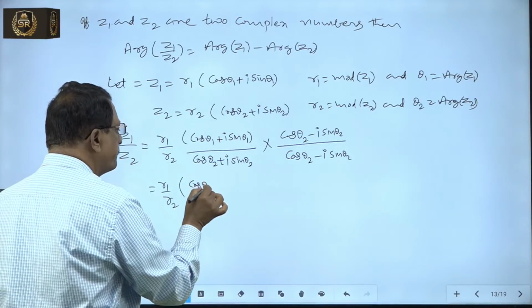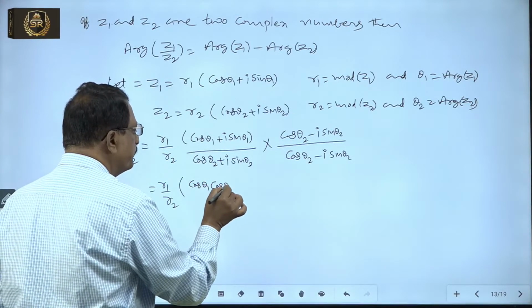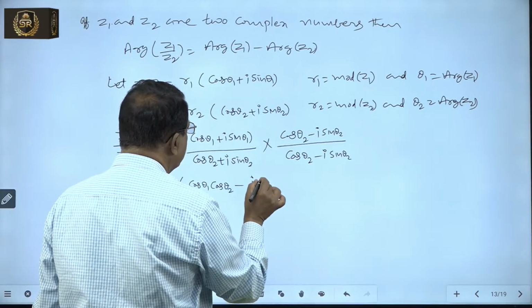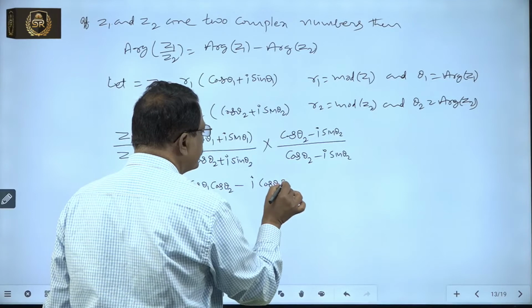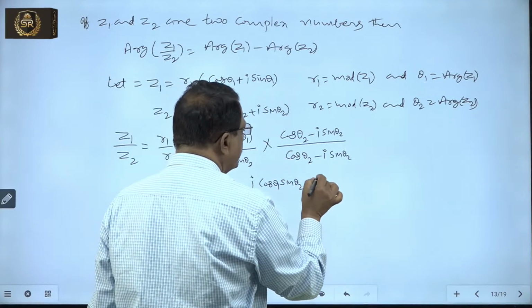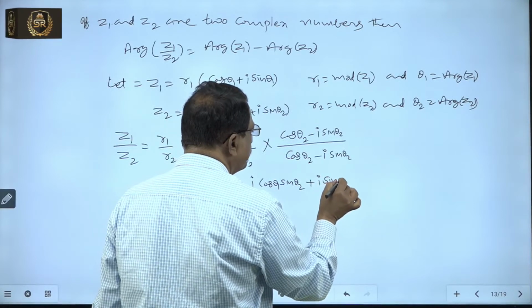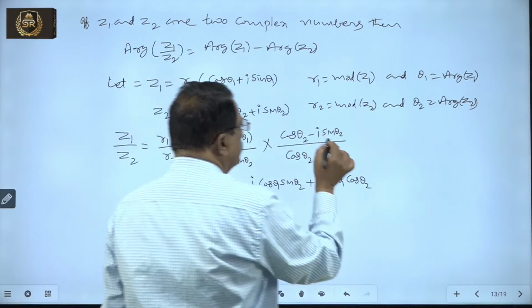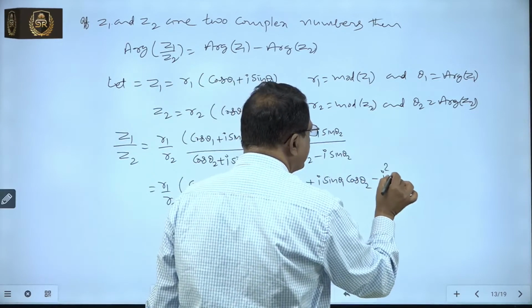Cos theta 1 cos theta 2 minus i into cos theta 1 sin theta 2, plus i into sin theta 1 cos theta 2, minus i square sin theta 1 sin theta 2.